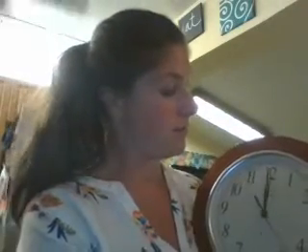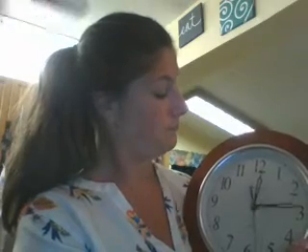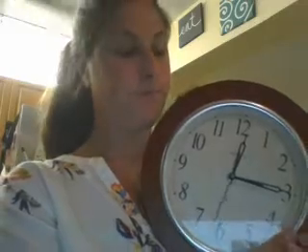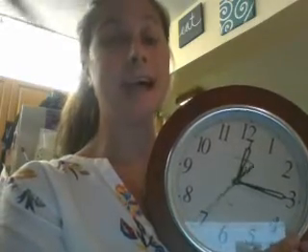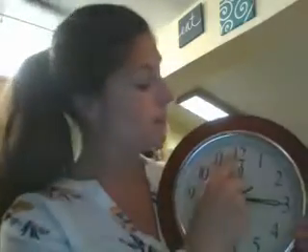Okay, so let's do another one. How about now? What time is it? Is it 12:15? Excellent job. Remember, we're counting by fives. 5, 10, 15. Let's do one more.